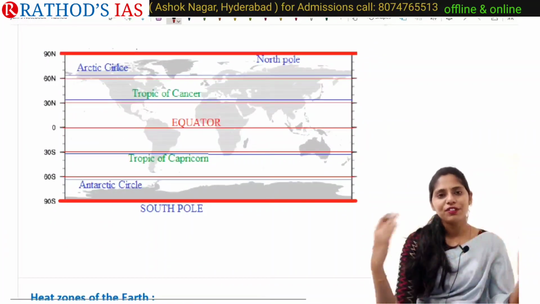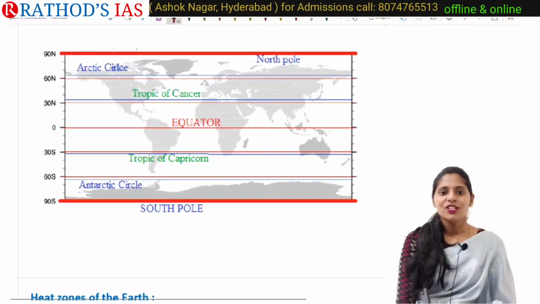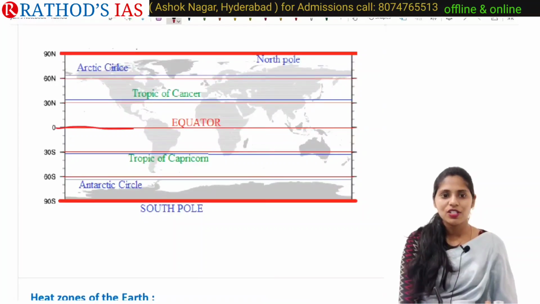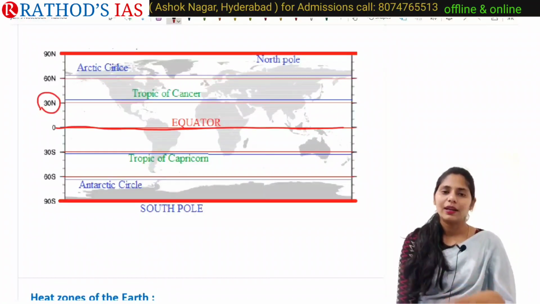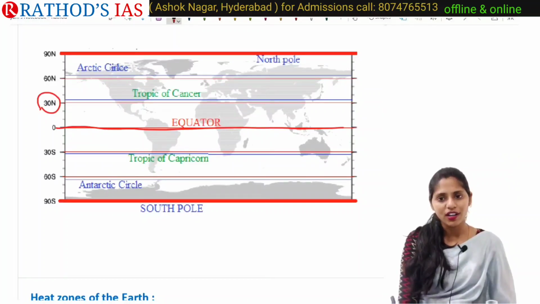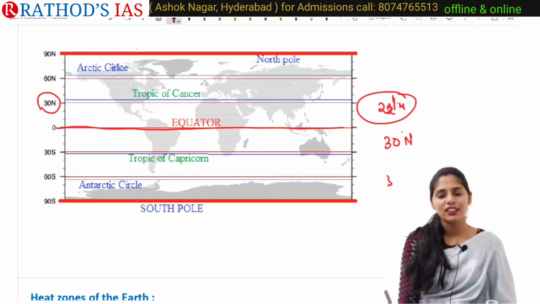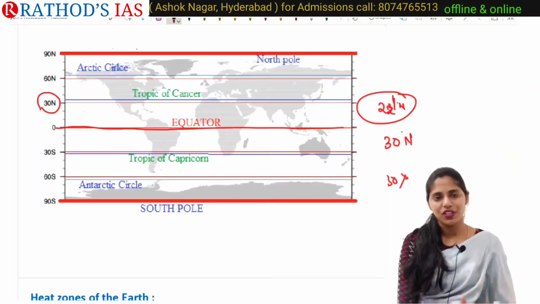If you see across the world, the equator is our 0 degrees latitude, and the next one is 30 degrees north. Normally, whenever we study climatology, we will not refer to 23.5 exactly, but we will say 30 degrees north and 30 degrees south. That is also given in this diagram.